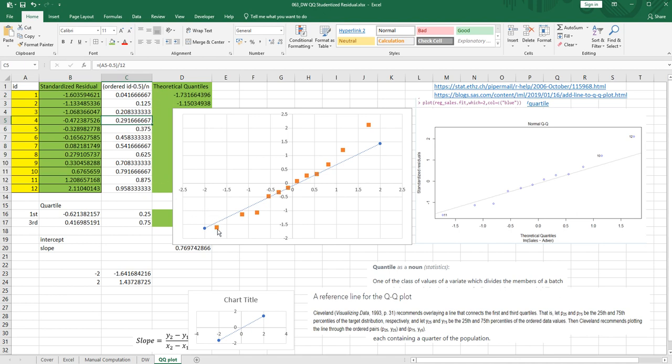So we can simply draw a scatter plot here, and also in order to draw this reference line, we need to calculate this part and overlap these two data points with a trend line, and just copy and paste it onto this graph. Then we can get the normal QQ plot for standardized residual.